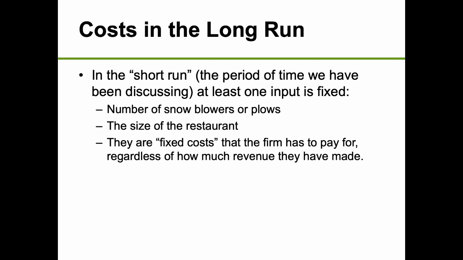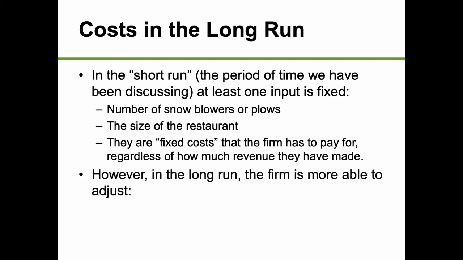These major capital purchases tend to be things that businesses sign contracts for and they promise to pay. They promise to pay rent for a year in a building. They promise to have maybe 5 years to pay off their garbage truck. And you sign a contract. And if you produce zero output, you still have that contract that you have to pay for. It's a fixed cost.